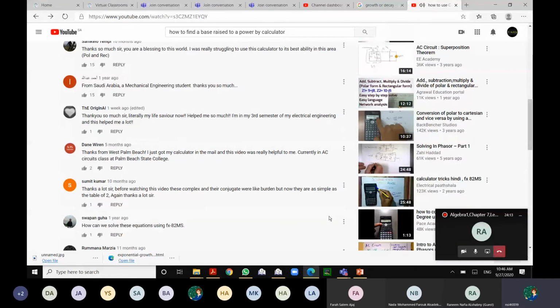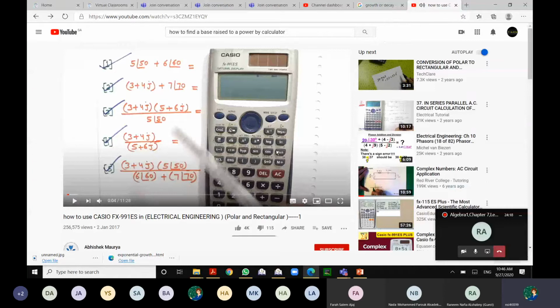In electrical engineering, these types of problems are very important. Now look here. Did you see this one, x raised to a square? Yes, teacher. This one, did you see it? Yes, miss.